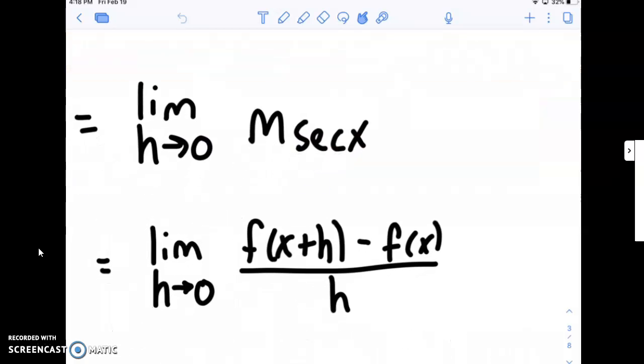The slope of the tangent line is the limit as h goes to 0 of f of x plus h minus f of x all over h. So it's the limit of that difference quotient that we talked about before, except instead of just computing the difference quotient, we're going to allow that h to approach 0, take the limit. And that's what's eventually going to be called the derivative. We're going to take a look at using this in the upcoming videos.